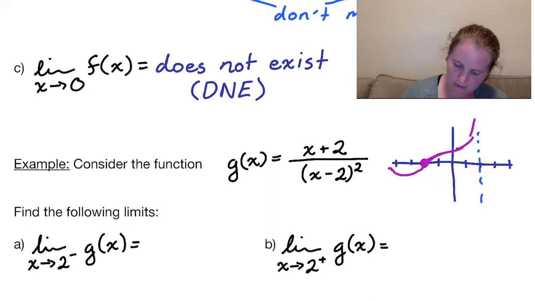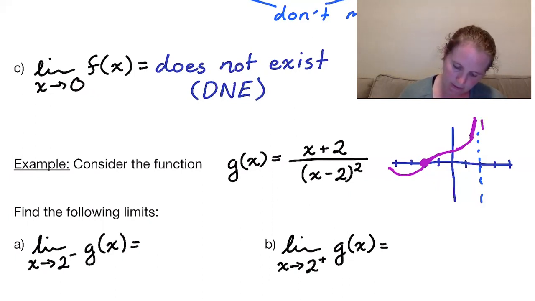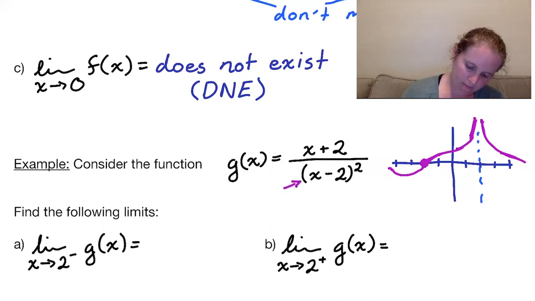And then as we get closer and closer to 2, that denominator is closer and closer to 0. So we're going off to infinity. And then from the right side of 2, we're still going to be positive. And so x minus 2 squared is always positive.